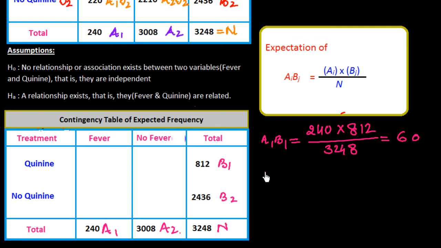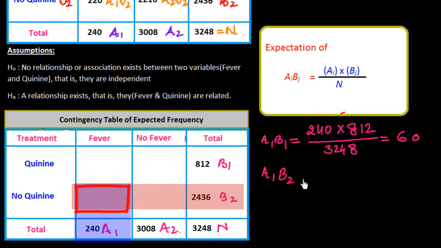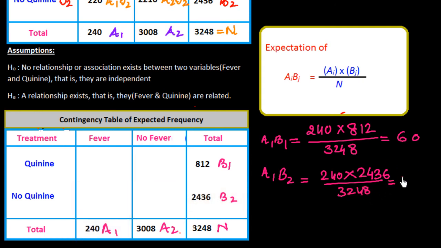Now we get A1 B2. A1 is 240 and B2 is 2436, divided by 3248. So we get here 180.